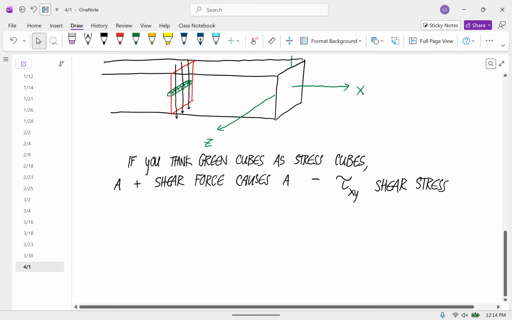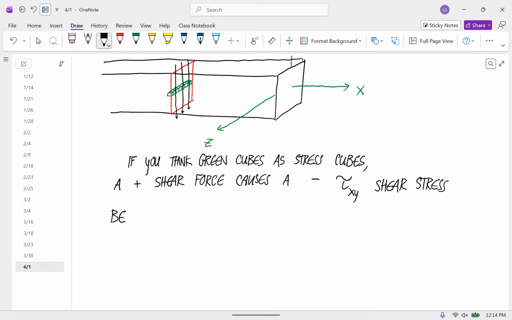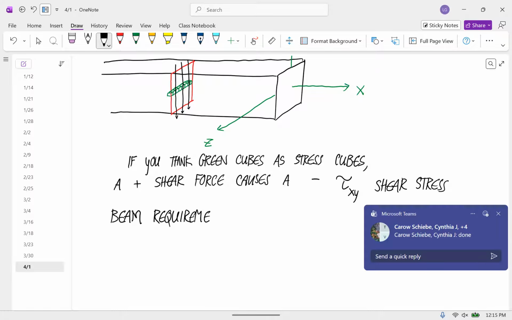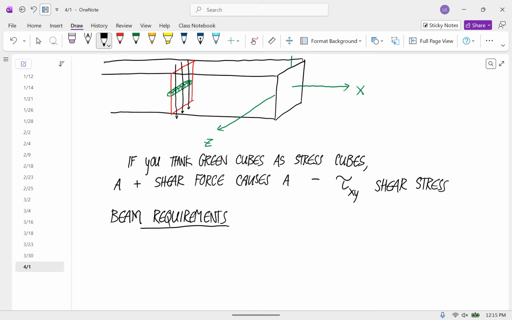First, we have to talk about beam requirements. For internal tension and compression, what beam requirements were there?